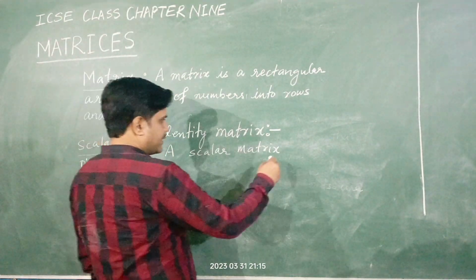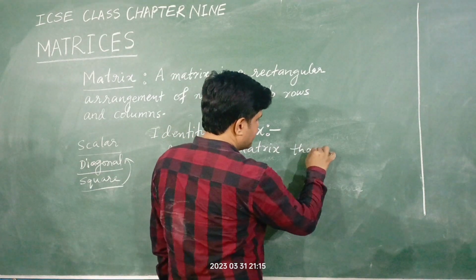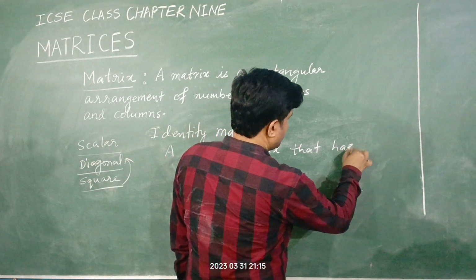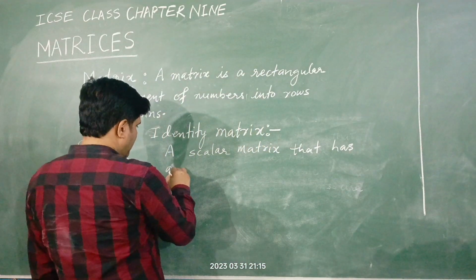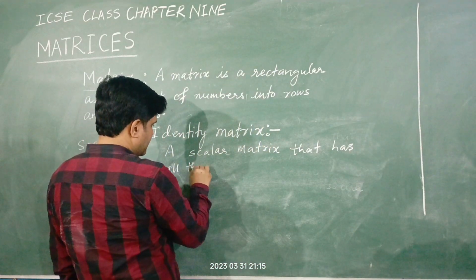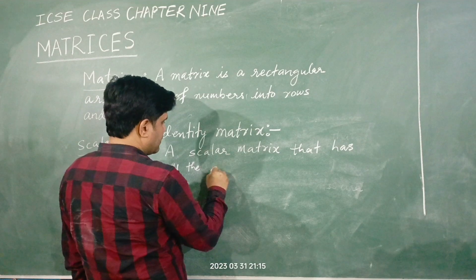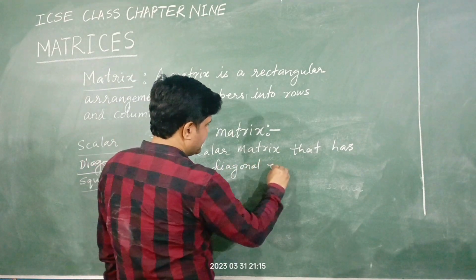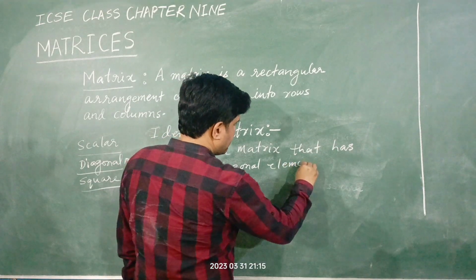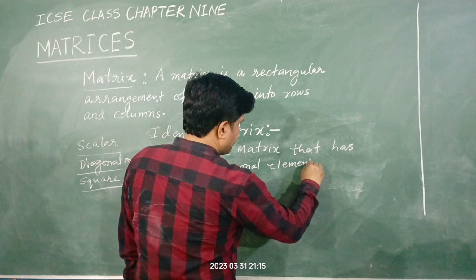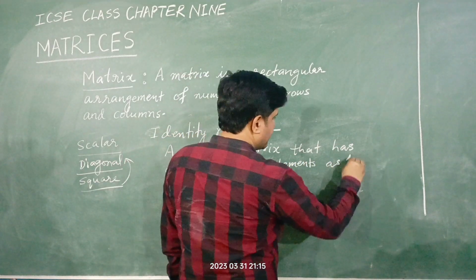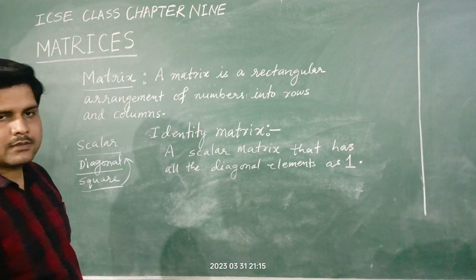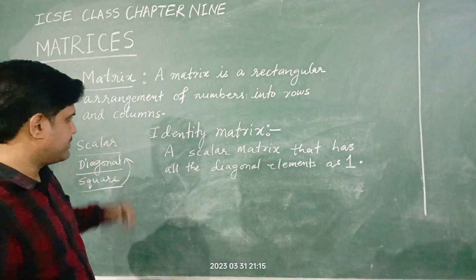A scalar matrix that has all the diagonal elements as one or unity will be an identity matrix.